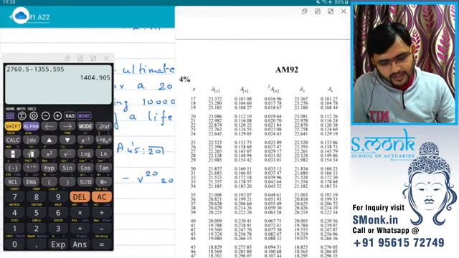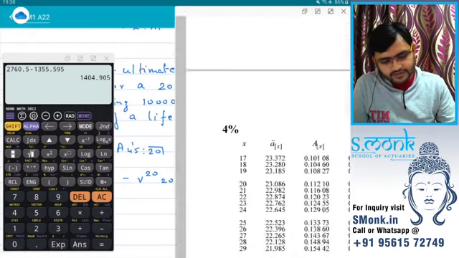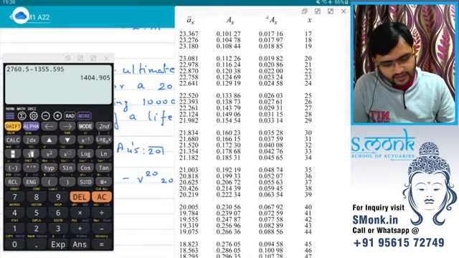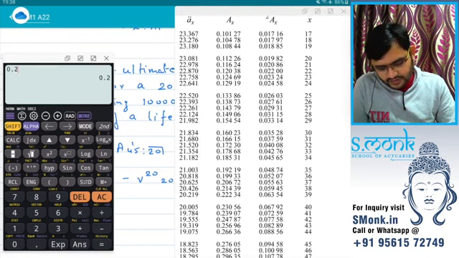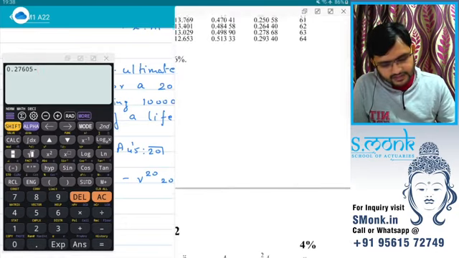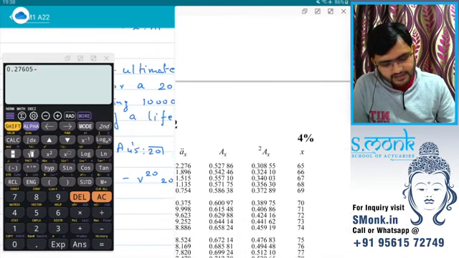So again, AM92, we are talking about 4%. Okay, so same page. Here A45 is 0.27605 minus, okay, v raised to 20, 20p45, I will talk about that later. First, let's write A65.